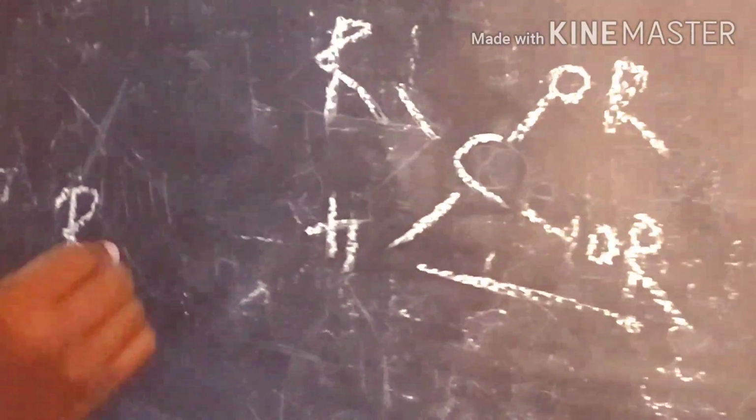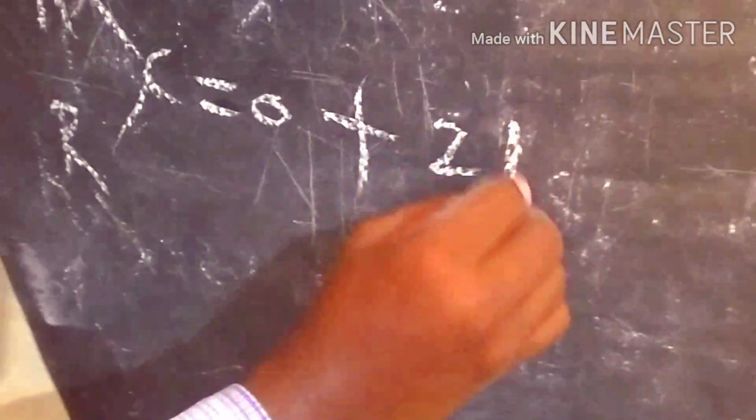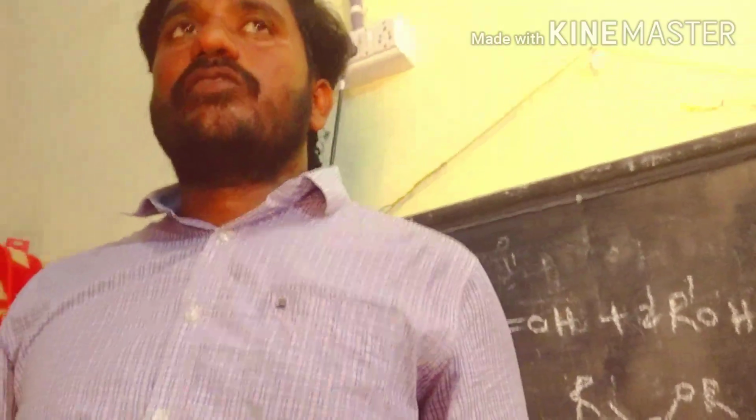If you take ketones and react them with two moles of alcohols, we get the ketal as the product. Here also R and OR. What is the meaning of substitution? We can take different types of alcohols. For example, if you take acetone and ethyl alcohol, the R groups are different.